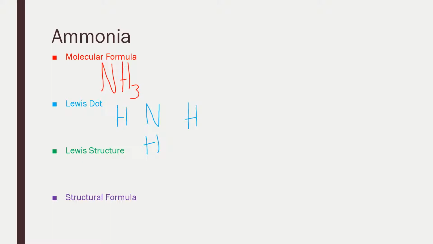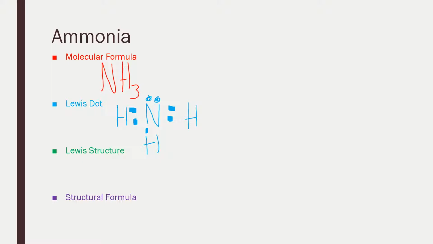Those are all going to be connected by a bonding pair. And we still need to cover 2 more valence electrons, and those will be represented as a lone pair for nitrogen because nitrogen needs an octet.